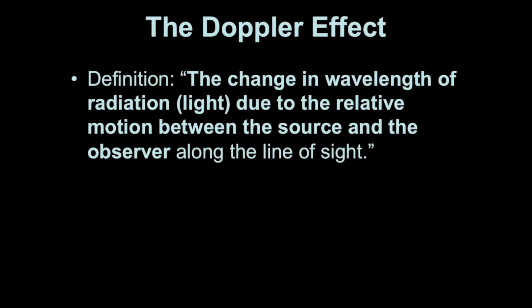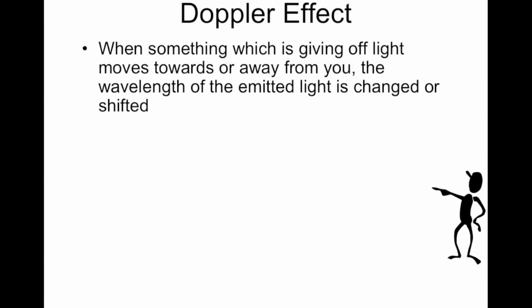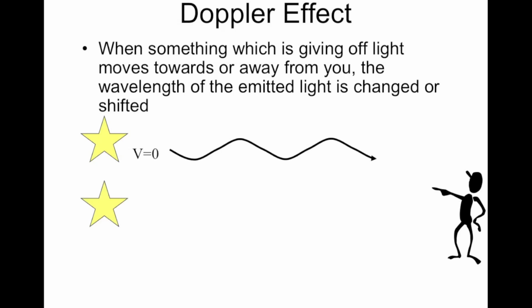So remember that the Doppler effect is this change in the wavelength due to the relative motion between the source and the observer. And so if something's giving off light and it's moving towards or away from you, then you'll experience a Doppler shift. So here's a star, it's giving off light, it's not moving with respect to the observer, and so the wavelengths it gives off will be the same detected by the observer as they are emitted by the source.